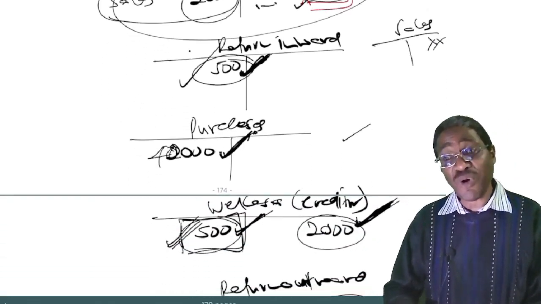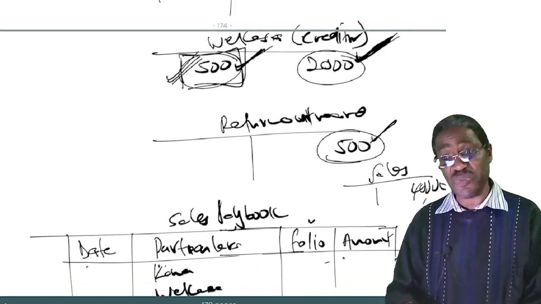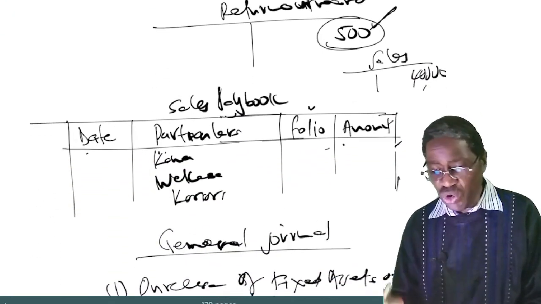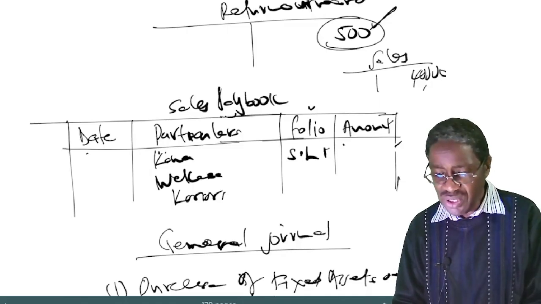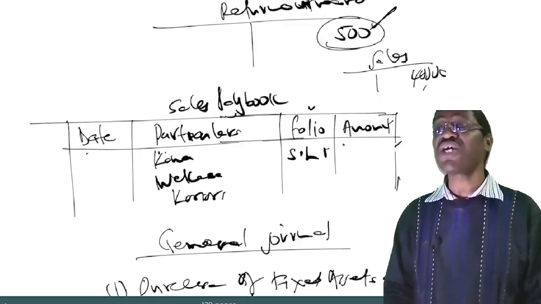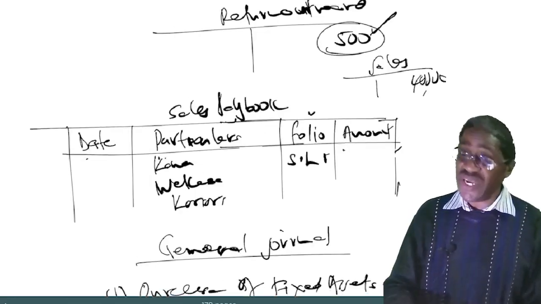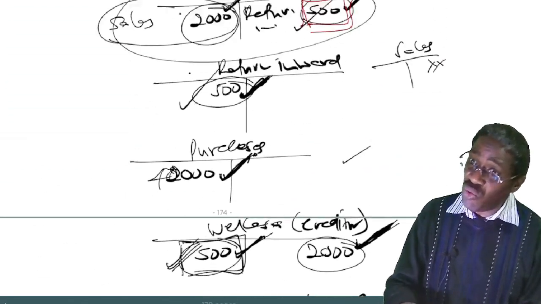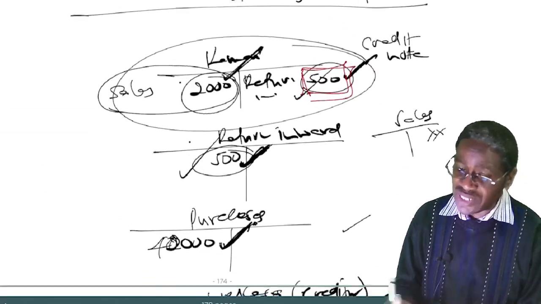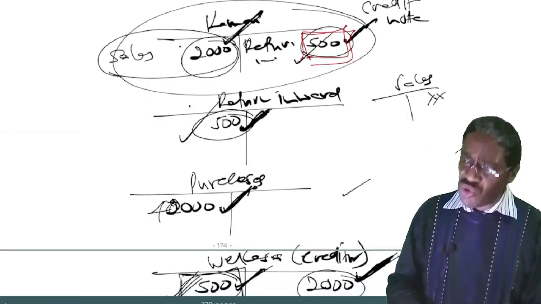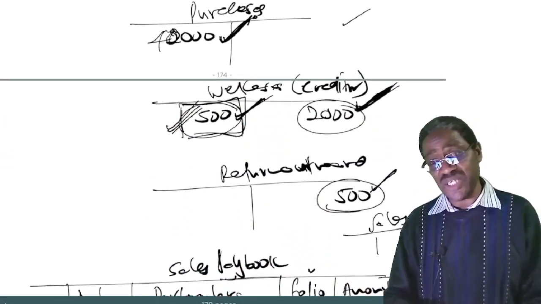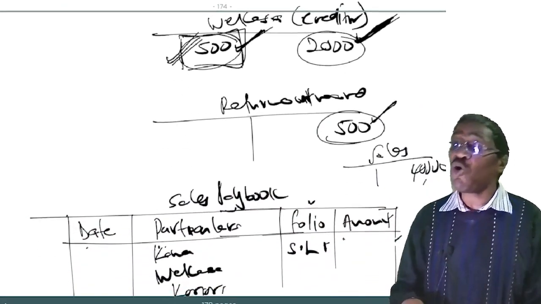Under the folio column here, somebody going to the sales ledger page 1, or what I'm calling the debtors ledger page 1, he will find the account of who? Kamau, as it appears here. If he goes to page 2 of the debtors ledger, he will find the account of Wekesa.